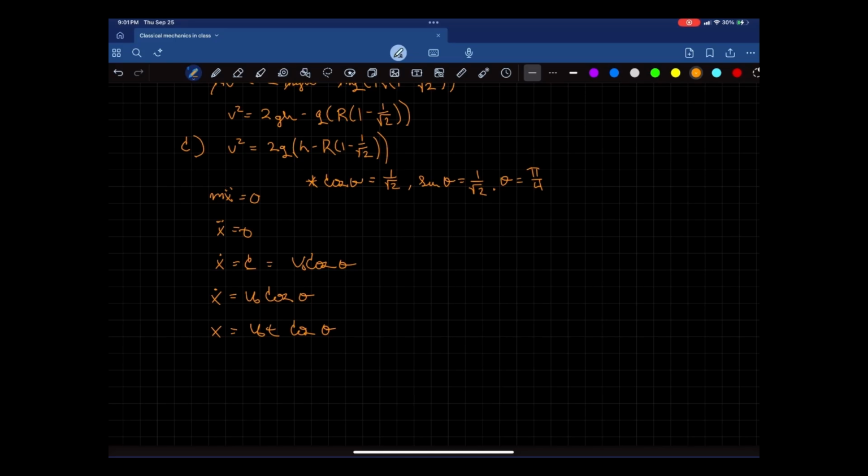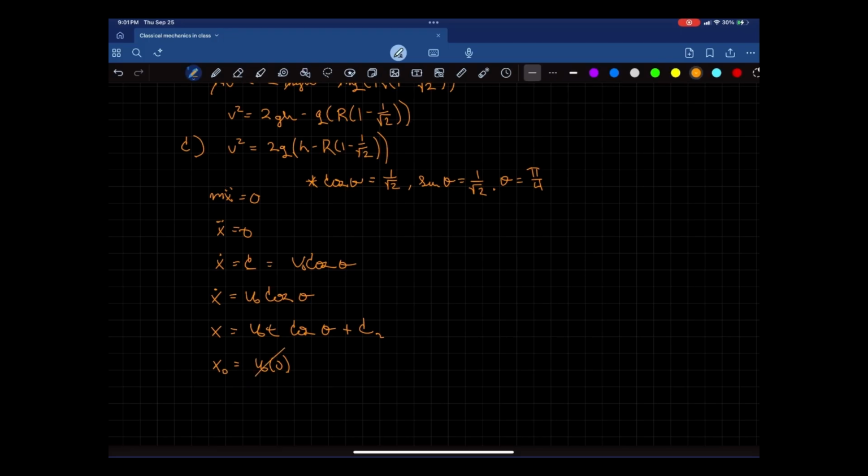Oh, my bad, I forgot the arbitrary constant here. Whenever you integrate, there's always another arbitrary constant, C2. In this case, if we zero everything out, the t becomes 0, because we're doing x of 0.